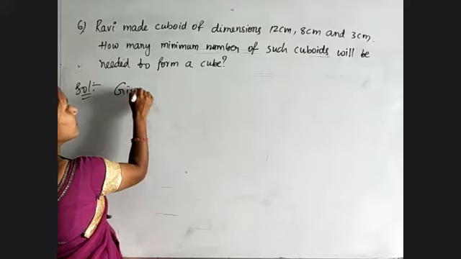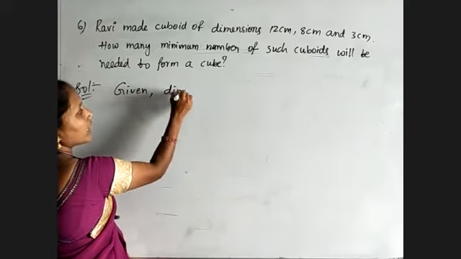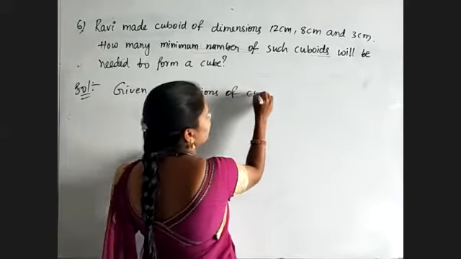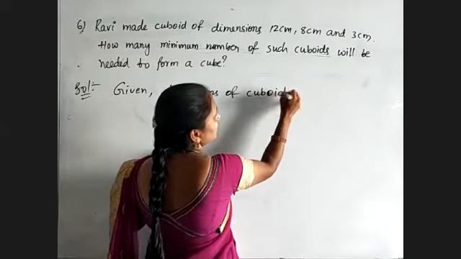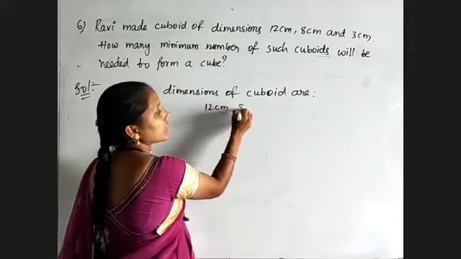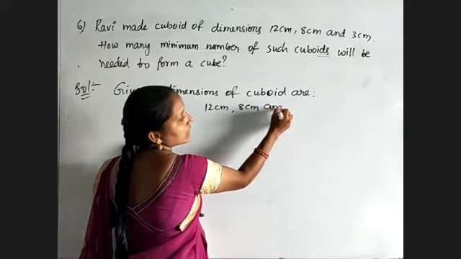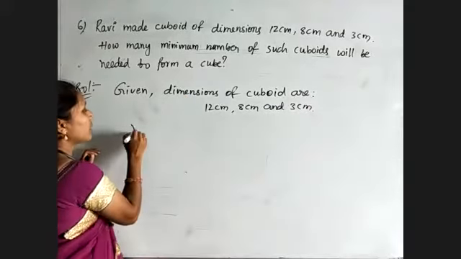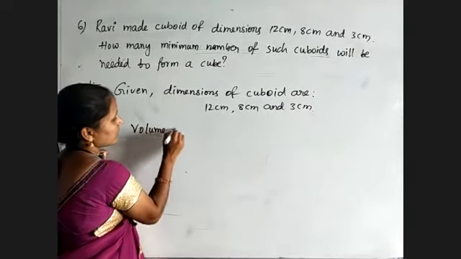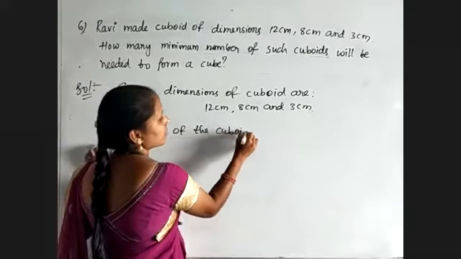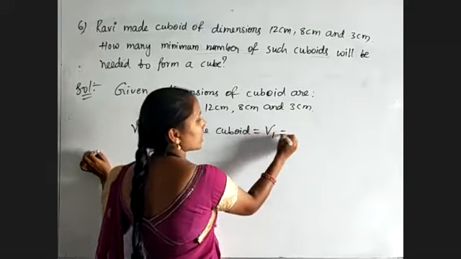The given dimensions of the cuboid are 12 centimeters, 8 centimeters, and 3 centimeters. So the volume of the cuboid, let it be V1.